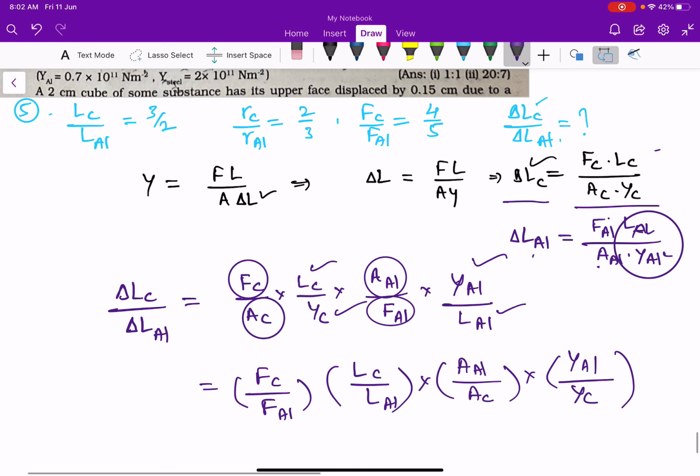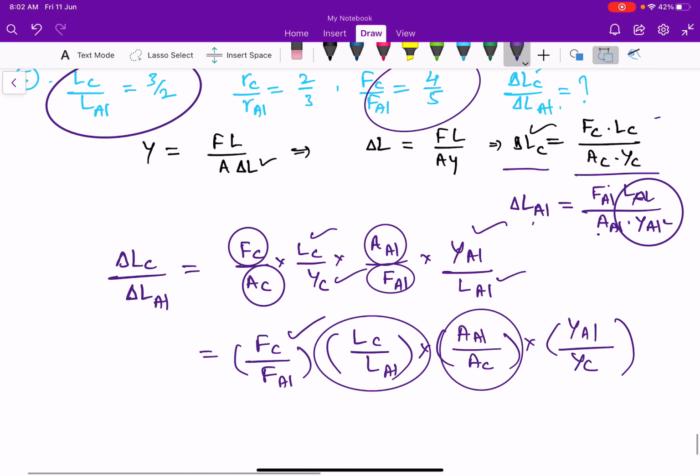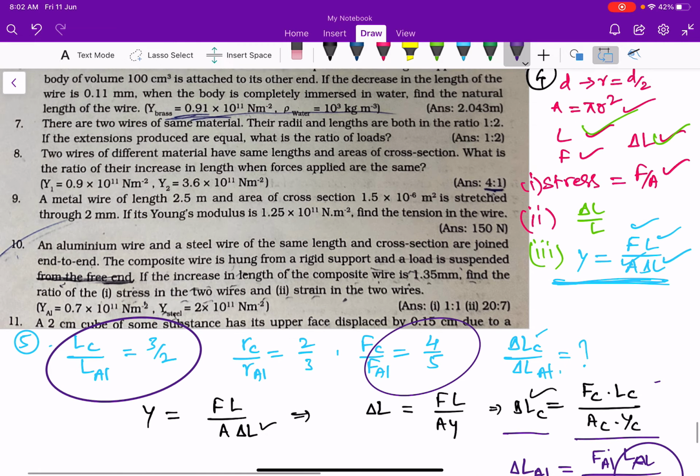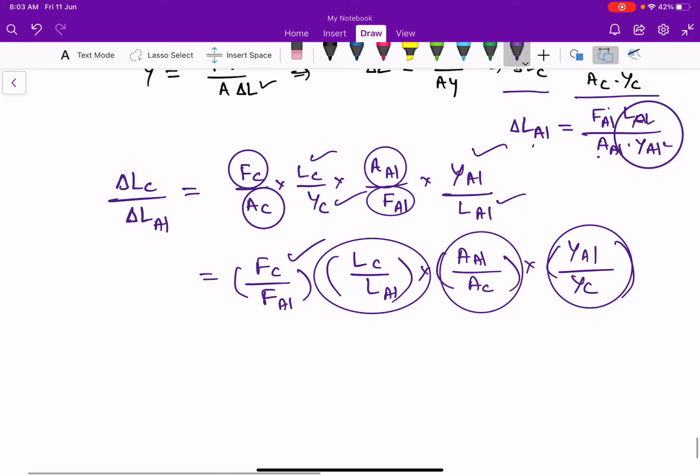We know these ratios. Force ratios are there, length ratios are there, and area ratios are there. Area is pi r square, so you should do it. Radius ratios are there, and the Young's modulus for aluminum and copper are also given.